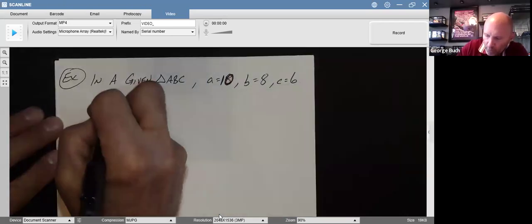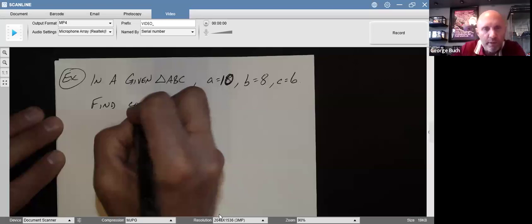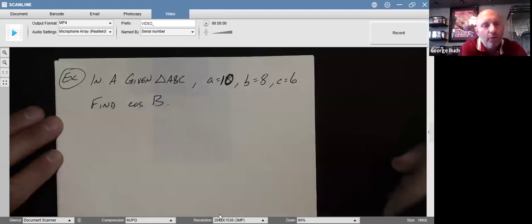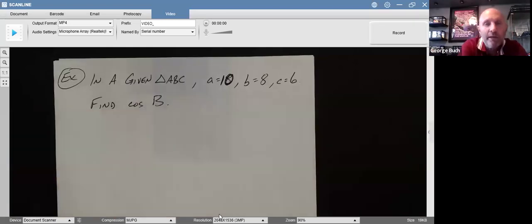Find cosine of B. Now, how many decimals does it say to round this to? It doesn't. Meaning what? I probably shouldn't use my calculator on this problem because I don't want a decimal answer. So put your calculator away because honestly, you should not need your calculator for this problem.